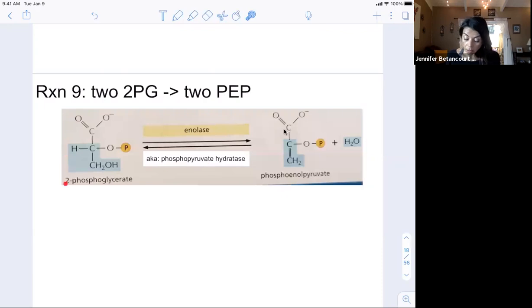If you look at 2-phosphoglycerate, so 2PG, you look at this area that's in blue here, some things are happening. Enolases cleave the molecule, and in doing so, they produce a molecule of water.